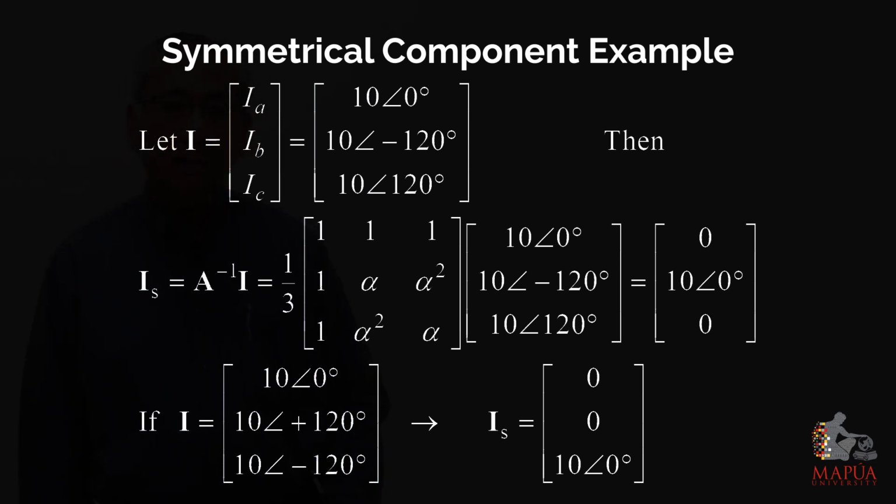If we now interchange IB and IC, we can now have the sequence currents equal to 0, 0, and 10 angle 0 degrees. So it means that IA0 is equal to 0, IA positive is equal to 0, and IA negative is equal to 10 angle 0 degrees.